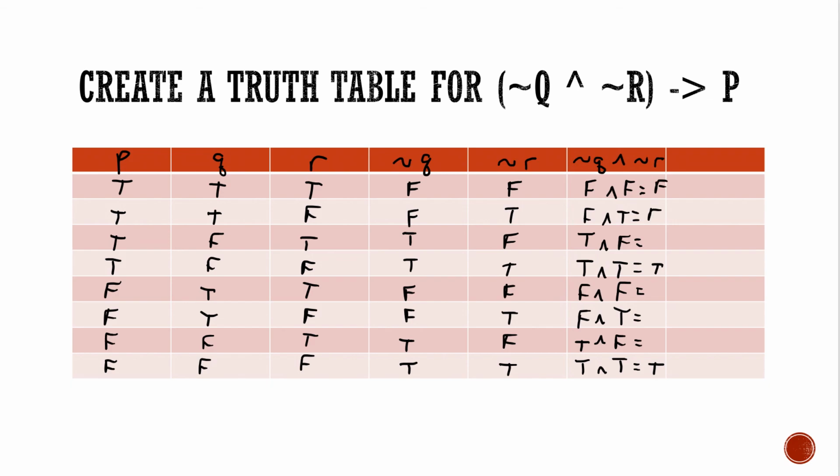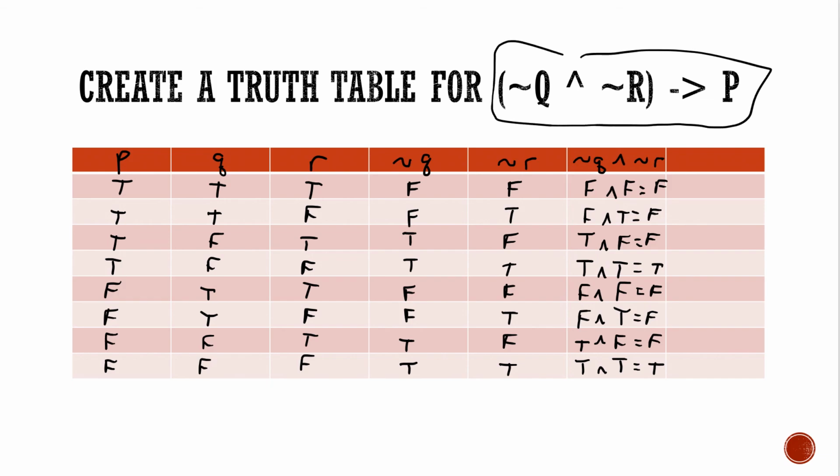And you can check that back at looking at your table if you need to. So now I've completed the left-hand side. The right-hand side is already done because I have a P column. So the only thing that remains for me to do is the entire problem as a final step.